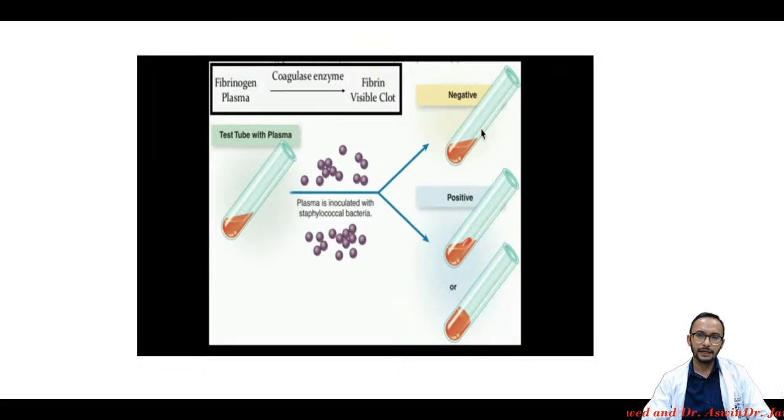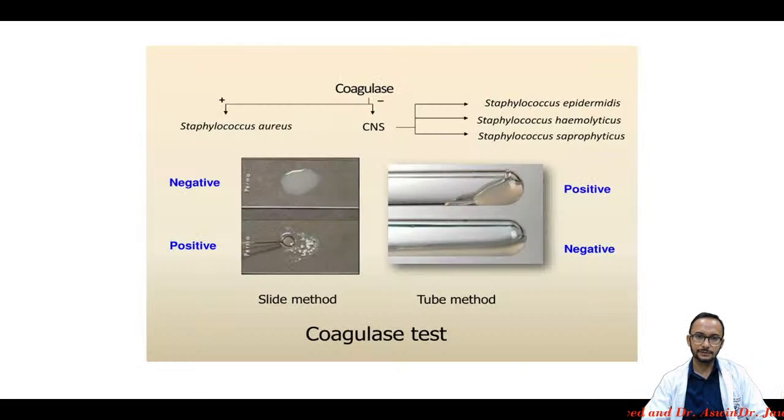So it will appear like this. On the left side is the slide coagulase test, where you can see the clumps, and on the right side is the tube coagulase. When it's positive, the plasma does not flow, like this, while the one given below is a negative test. In positive there is clot formation, in negative there will be no clot formation.